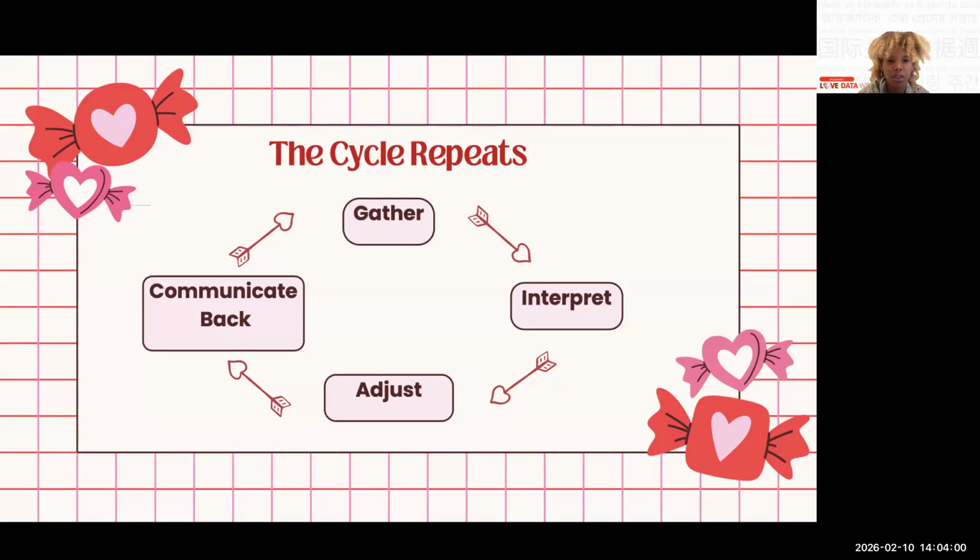And then also, most importantly, being able to communicate back. Studies show that students are more comfortable in courses if they know that the teacher is going to use their feedback, and it also increases end of course evaluation response rates if students see that their feedback is being taken into consideration.